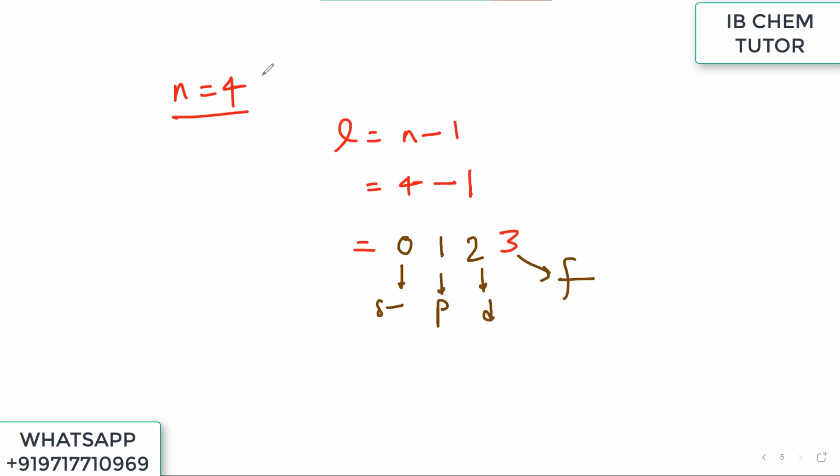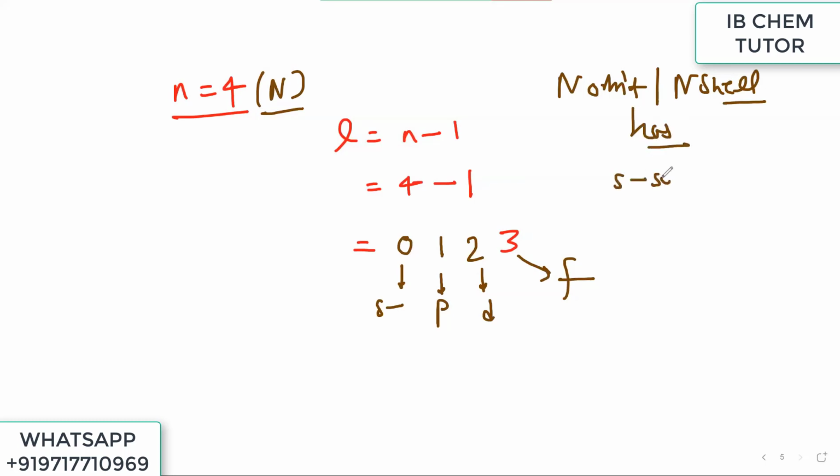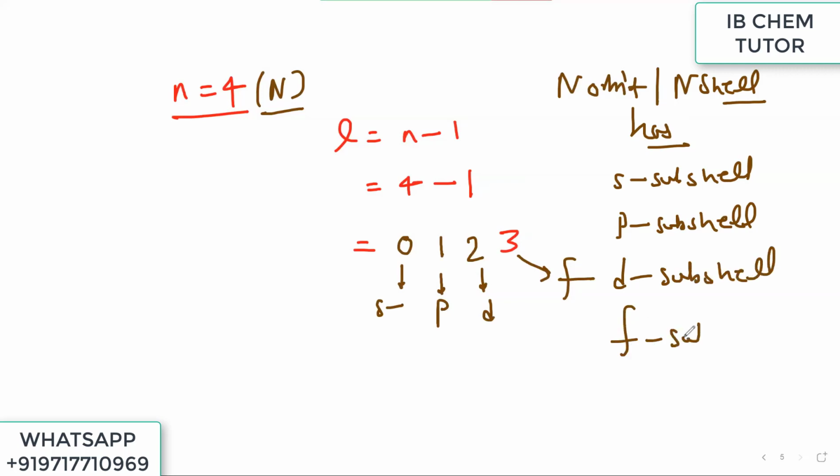So we can say that N orbit or N shell has S subshell, P subshell, D subshell, and F subshell. So N orbit has all the 4 subshells inside it, S, P, D, and F.